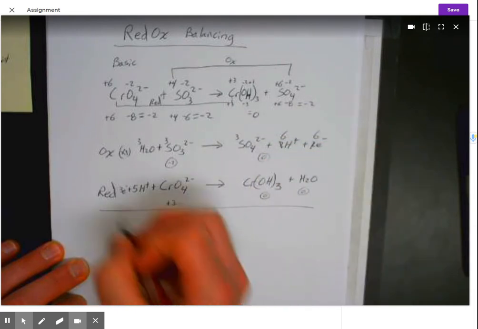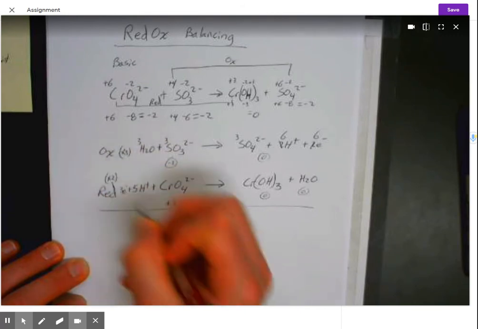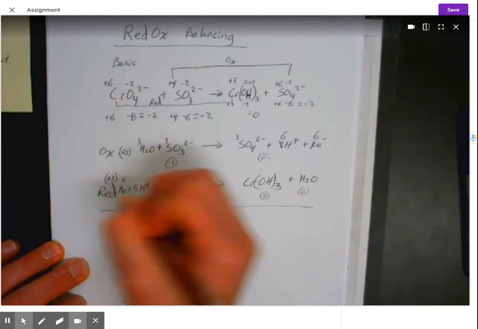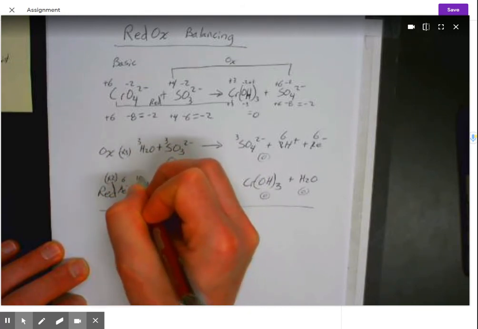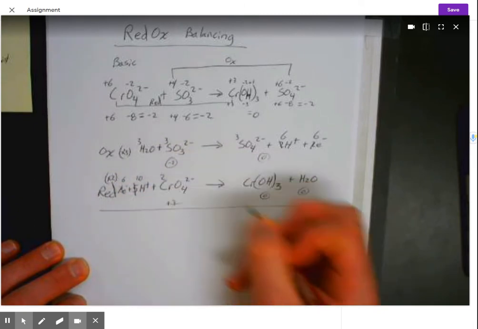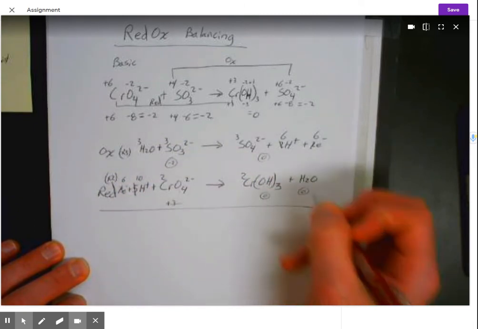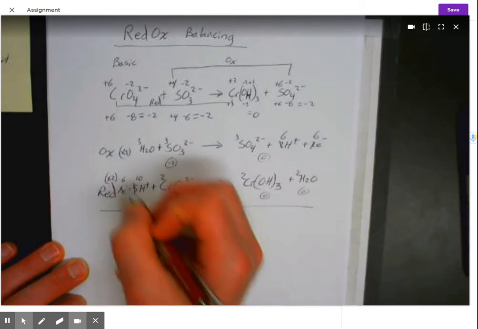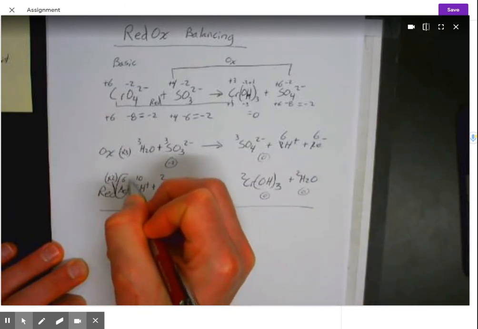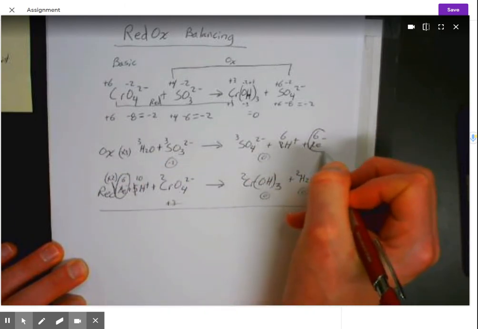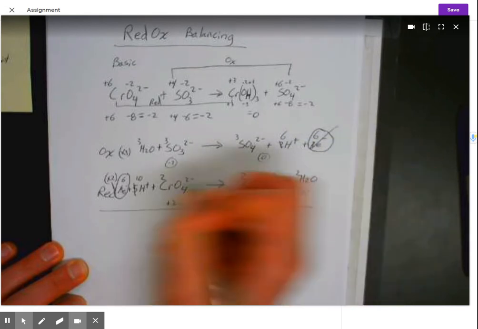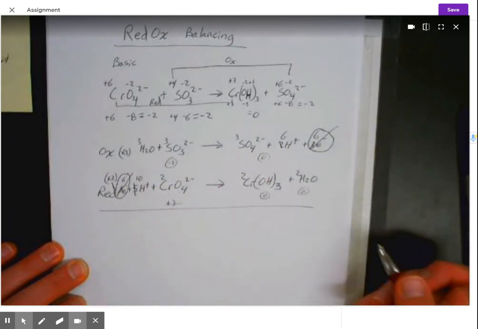And then we need to multiply down here by 2. So that will be 6, and 10, and 2, and 2, and 2. Now we have 6 electrons and 6 electrons, so those will cancel when we combine these back together.